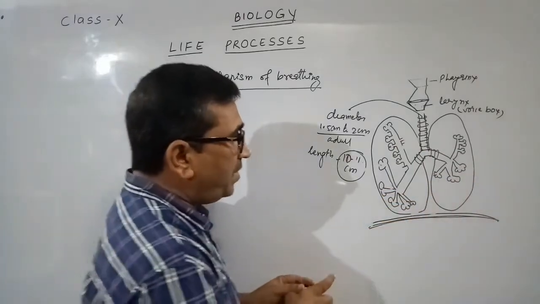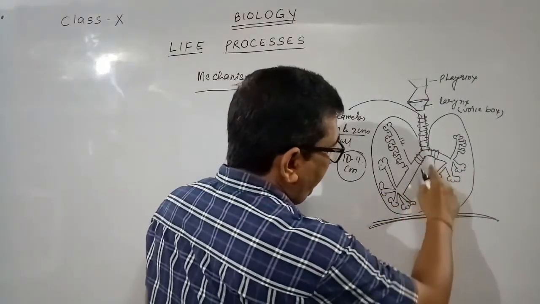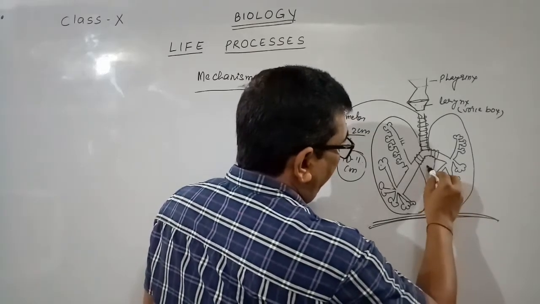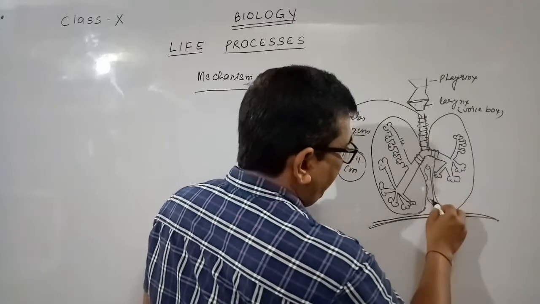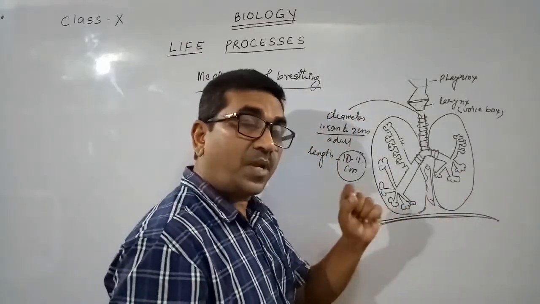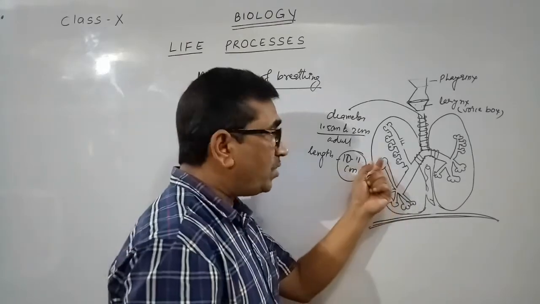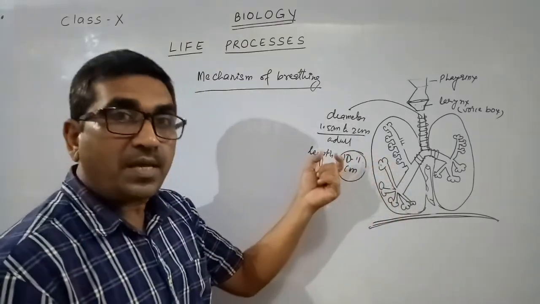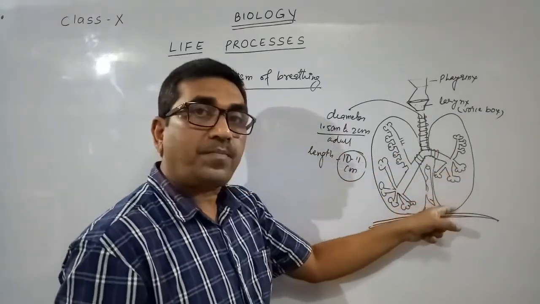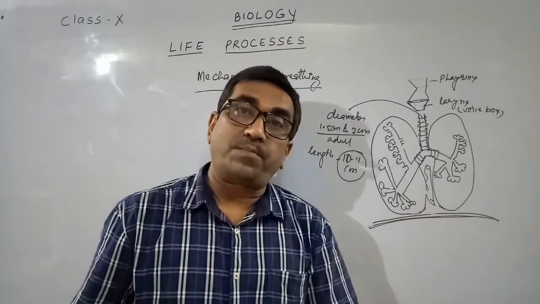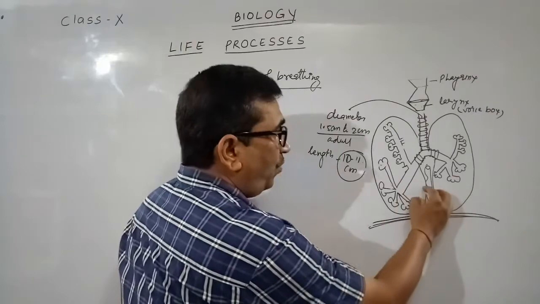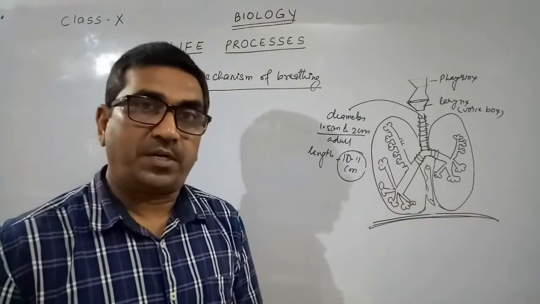In the rib cage, in between these two, you see the heart. The heart is present over here, and it supplies deoxygenated blood to the lungs, and from the lungs it carries oxygenated blood, which is then supplied to the heart, and from the heart to the different parts of the body. Between the two lungs you will find it situated over here.